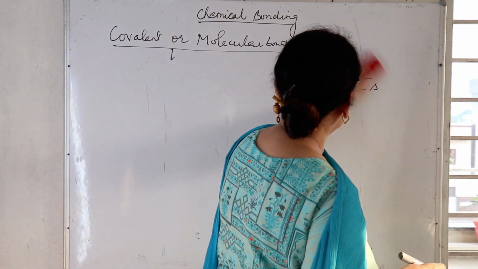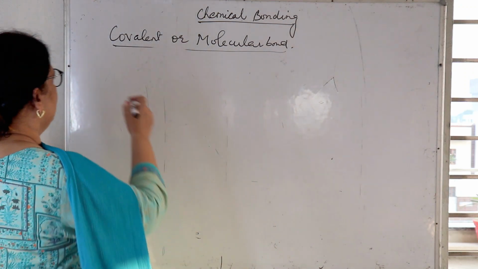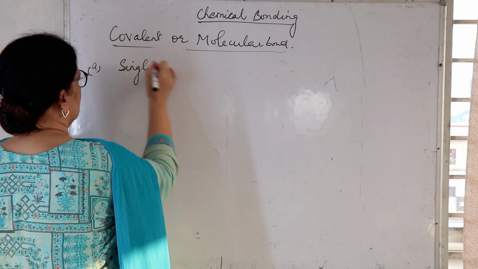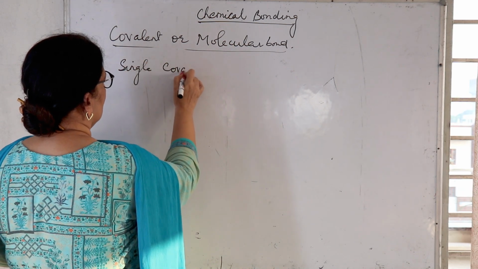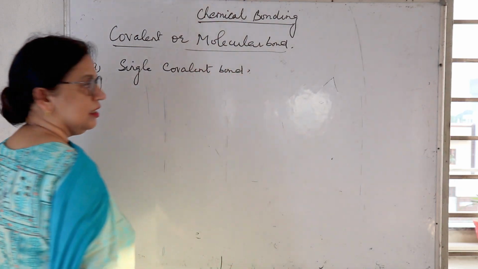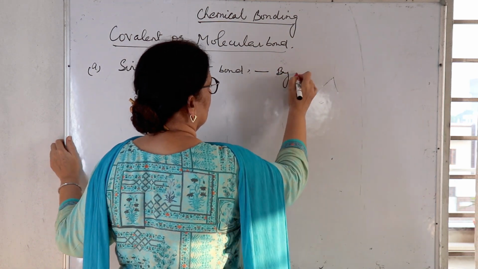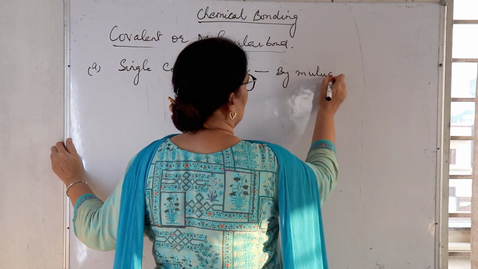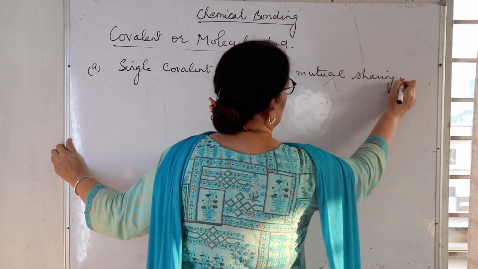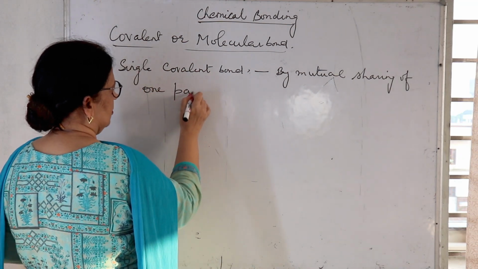Let us discuss different types of covalent bonding. First, A part, single covalent bond. How the single covalent bond is formed? That is by mutual sharing of one pair of electrons.